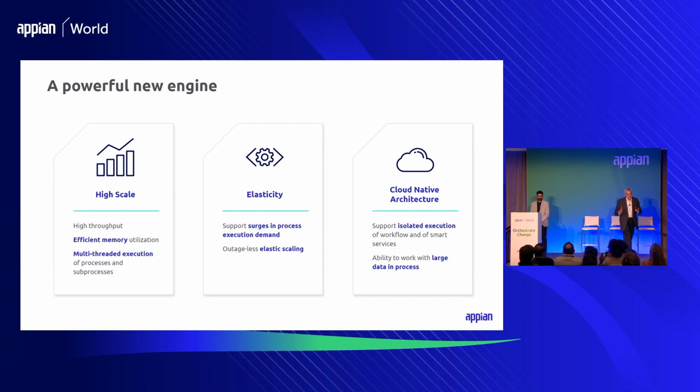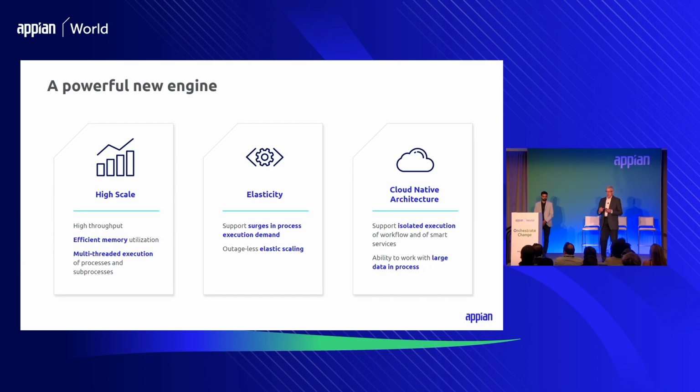Yet again, elasticity. EPEX will monitor a queue to determine how much traffic is in the queue, and based on thresholds that can be tailored per customer, we can scale that up and down as needed, again without any kind of outage. Finally, this is all built on Appian's Kubernetes cloud native architecture, which also gives us portability.